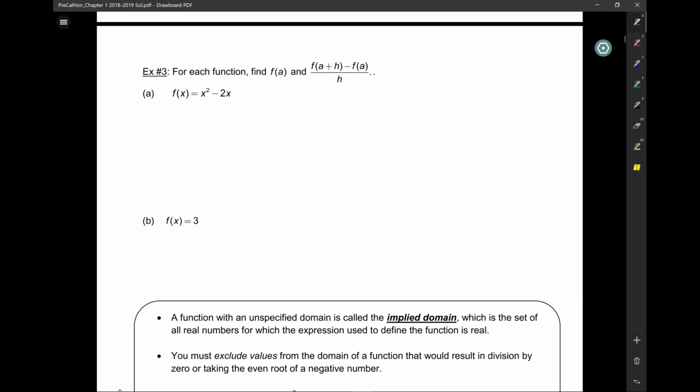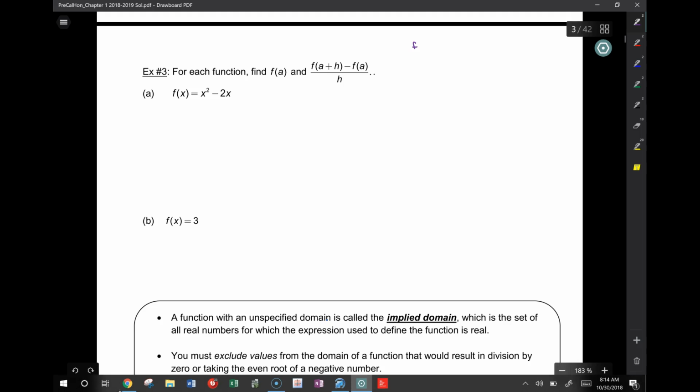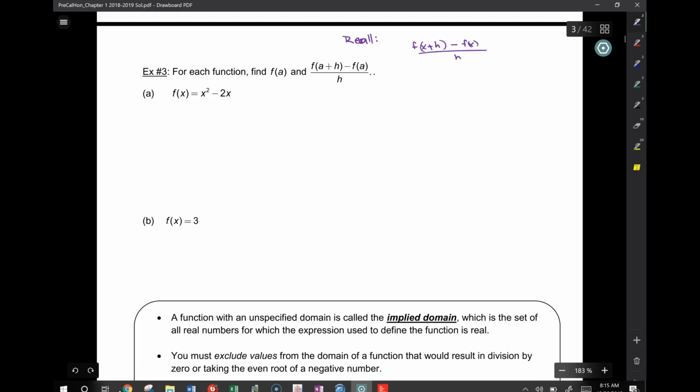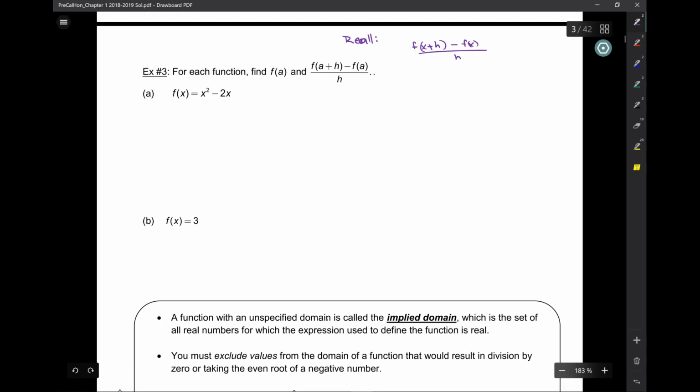Okay, look. Do you remember? Recall, in chapter 4 we were given a function like sine of x or something, and then we had to find f of x plus h minus f of x over h. Do you remember that? Okay. Now I'm given f of x equals this.